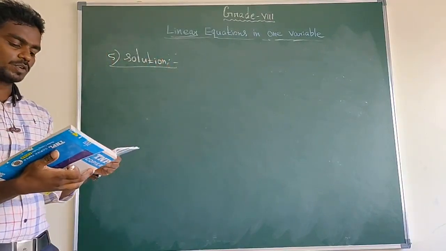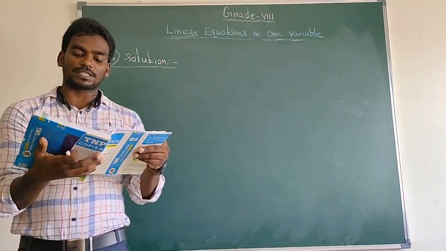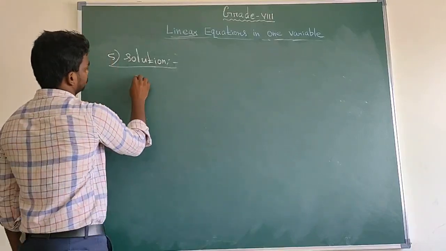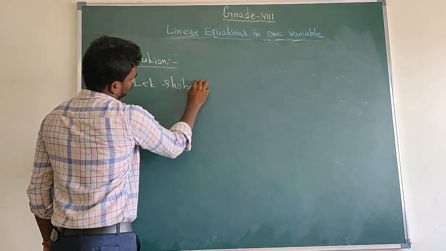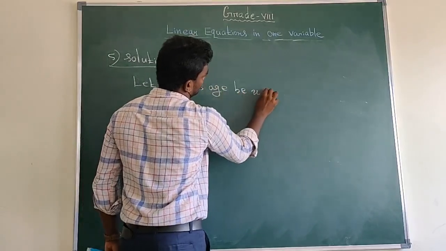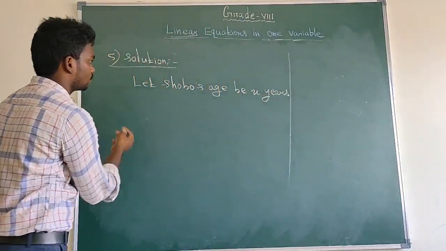See, first one, Sobo's mother's present age is 6 times Sobo's present age. So let Sobo's age be x years. What is Sobo's mother's age?